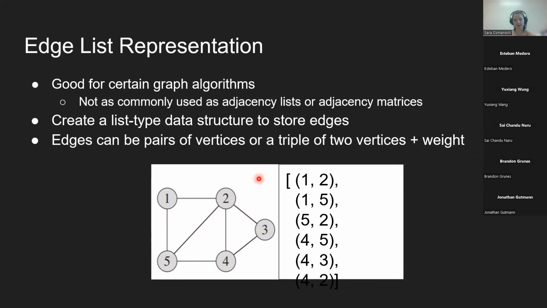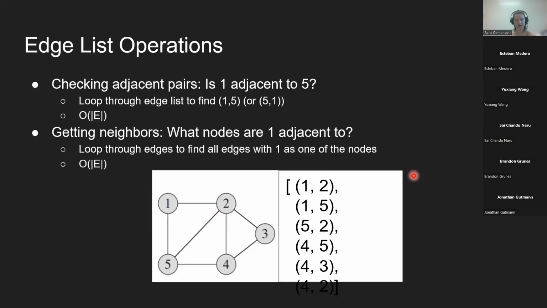If you have a weighted graph, you can have triples in here instead of ordered pairs, where the last element would be the weight of the edge that you're representing.